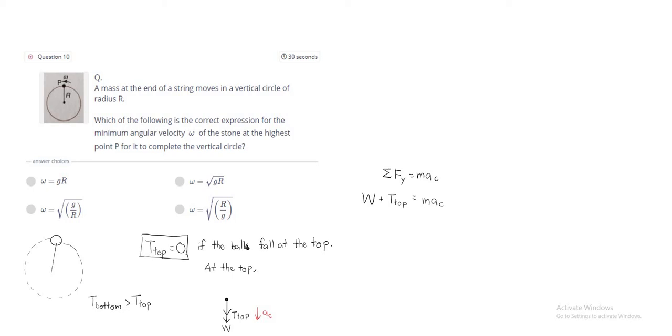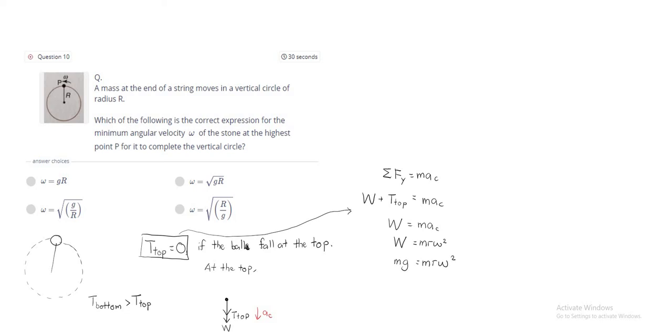Once we reach here, we use the condition that we said just now. T top must be 0. So now it will be weight equals ma_c. Since we know centripetal acceleration is r omega squared, and if we take weight to become mg, the shape is coming out right now.